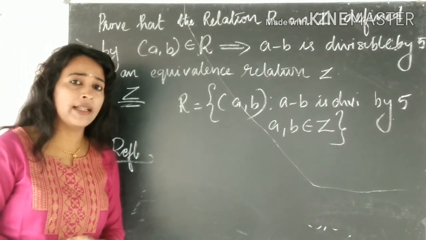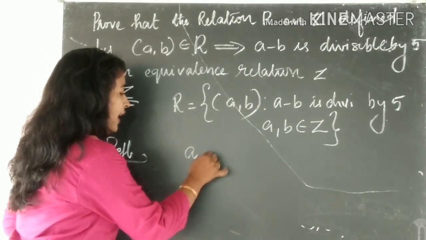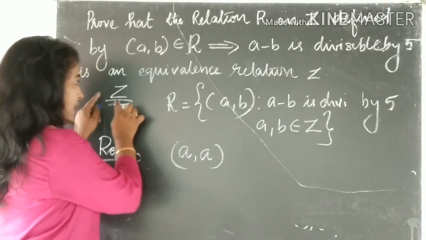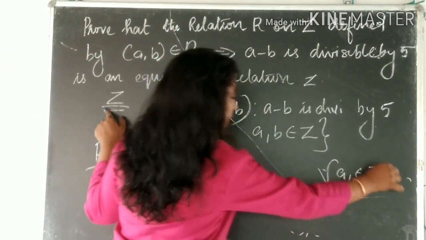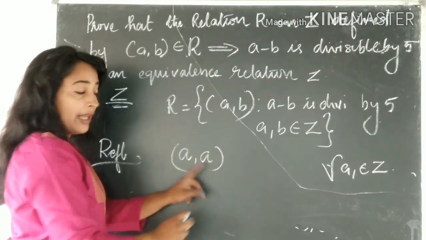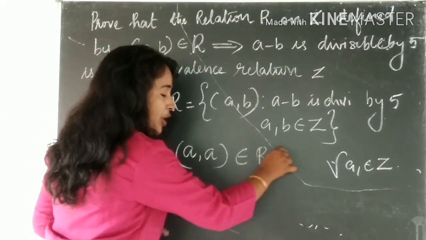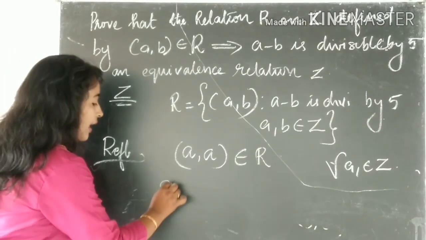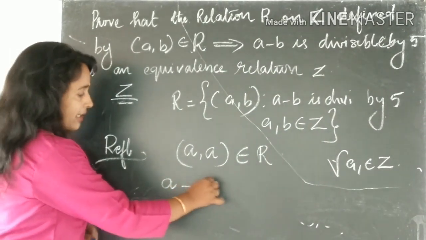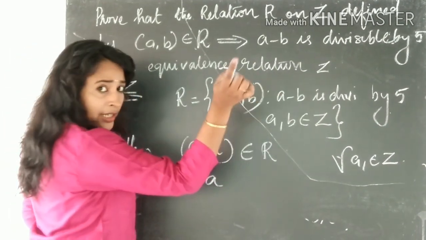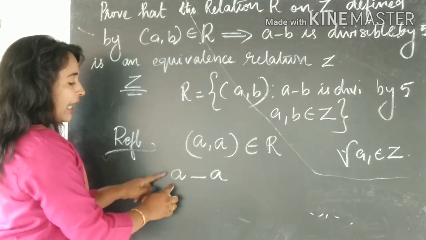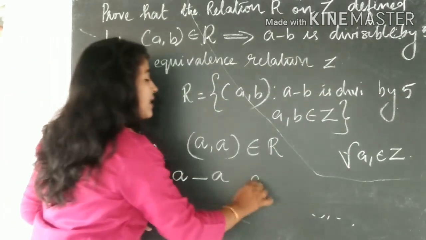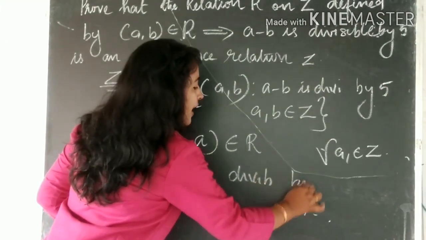And you know that for every A belonging to the set Z, the ordered pair AA also belongs to the relation, because the relation here is A minus B is divisible by 5. Then A minus A is divisible by 5.